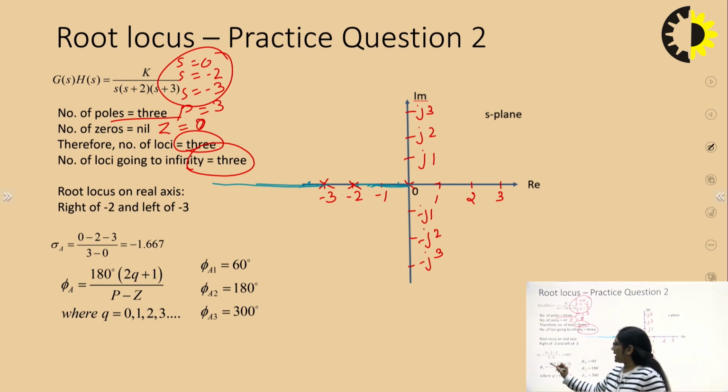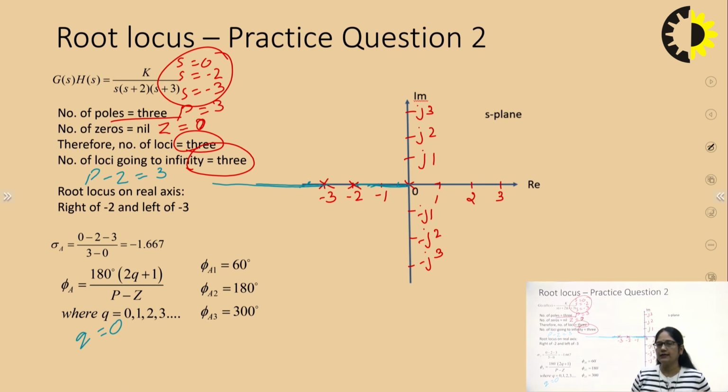To know the angle of asymptotes, we have this formula 180 degree into 2q plus 1 divided by p minus z. So, here putting q equal to 0 to start with, we get p minus z as 3. P is number of poles and z is number of zeros.